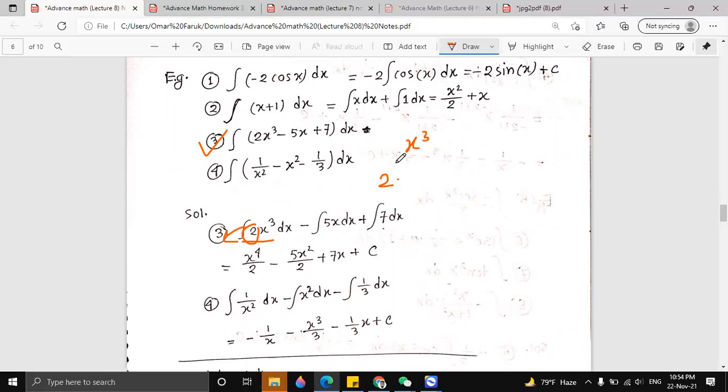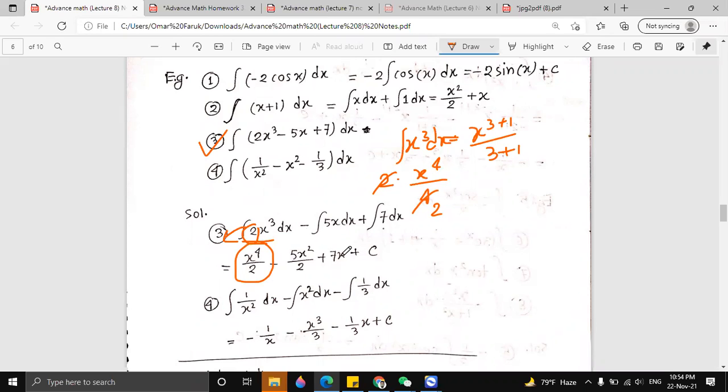So we know that integration of x cube dx will be x to the power 3 plus 1 by 3 plus 1, from our formula. So we write down 2 into x to the power 4 divided by 4. If you cancel this 4 and 2, then you get x to the power 4 by 2.